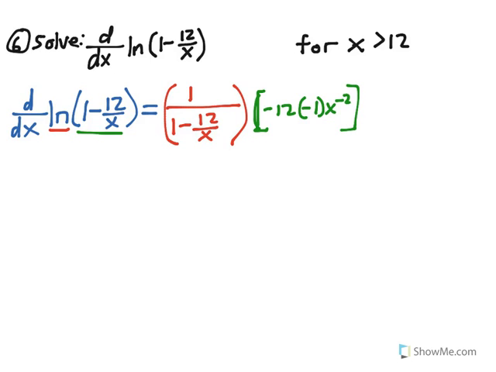Okay, that's just a power rule application applied to 1 over x, which is the same thing as x to the negative first power. Alright, let's clean this up a little bit. The two negatives in the green part cancel out, and so let's switch back to blue ink. This derivative is going to be equal to 12 over x squared times 1 minus 12 over x.